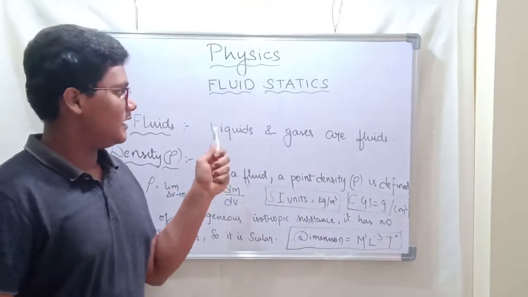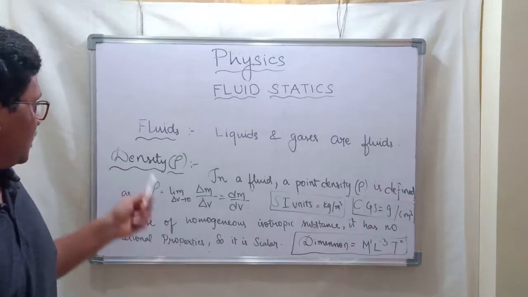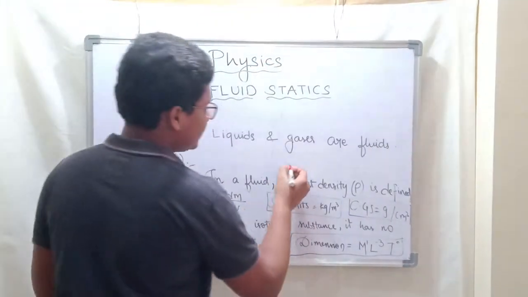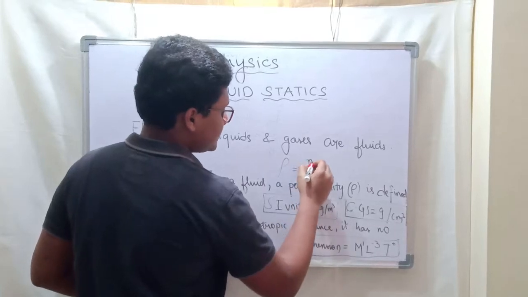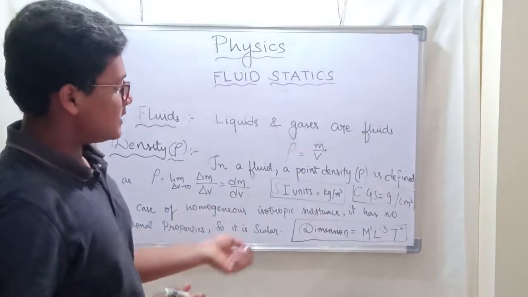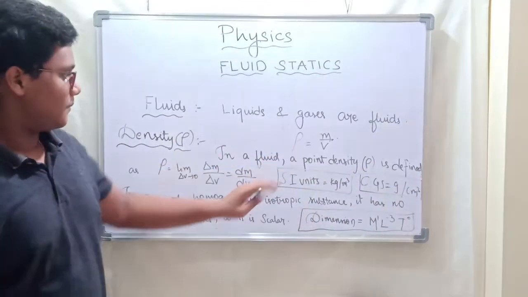Fluids means liquids and gases. They are called fluids. Density: there is volumetric density. Volumetric density means mass by volume, a certain mass per certain volume. That is called density.